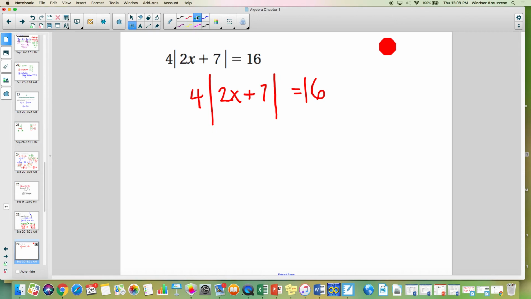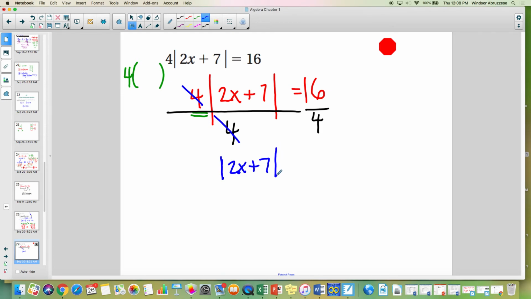So this 4 is joined here, just like if it was next to parentheses. It's joined by multiplication. So we're going to do the inverse, and we're going to divide both sides by 4. 4 divided by 4 is 1. So then I'm left with just my absolute value expression equals 16 divided by 4 is 4.